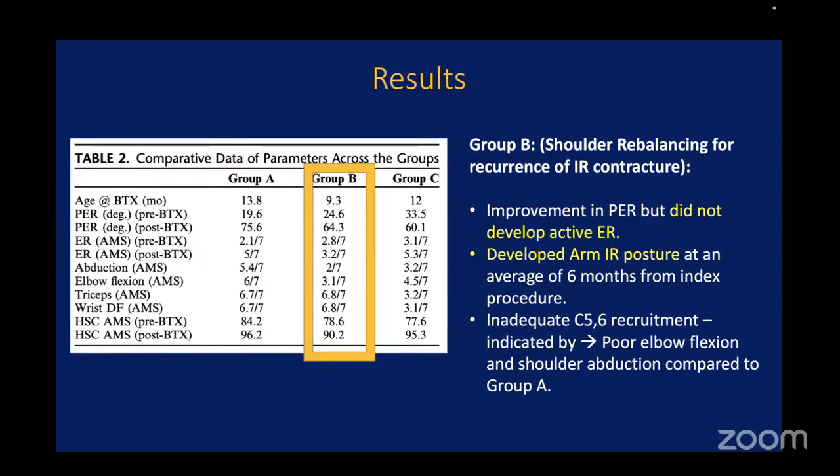Group B, in which shoulder rebalancing was done for recurrence of internal rotation contracture: improvement in passive external rotation was there, but there was no active external rotation. They developed an arm internal rotation posture at an average of 6 months from the index procedure. So what we say is inadequate C5, C6 recruitment, indicated by poor elbow flexion and shoulder abduction compared to group A.